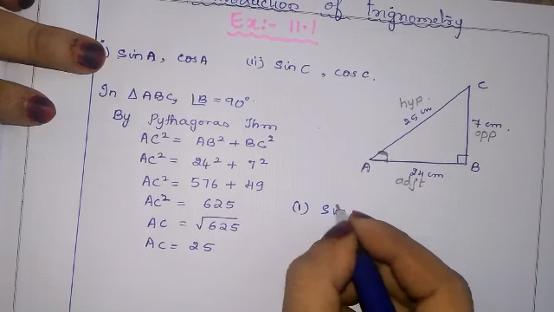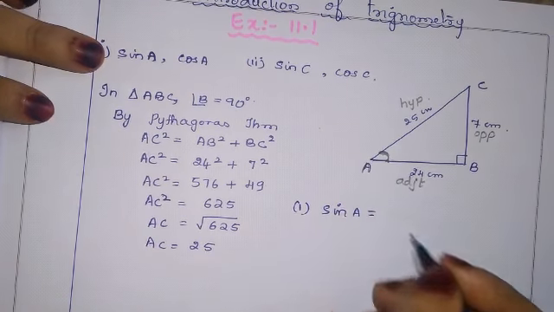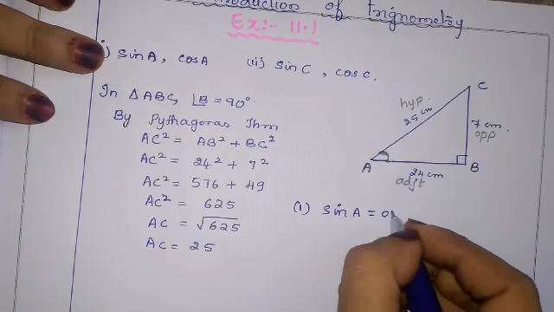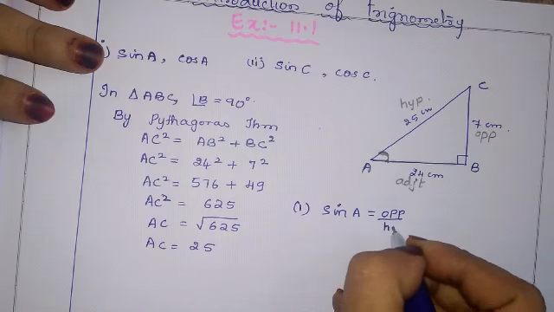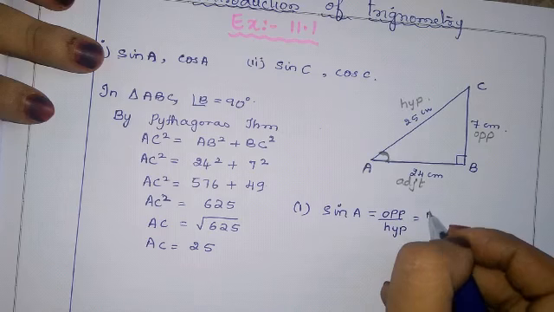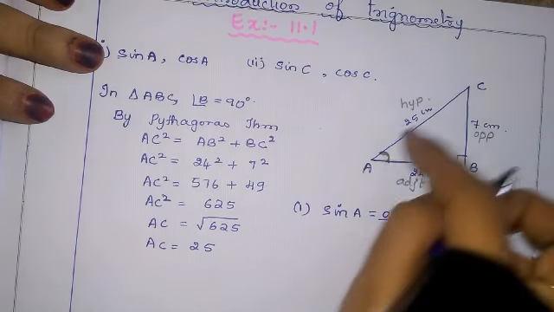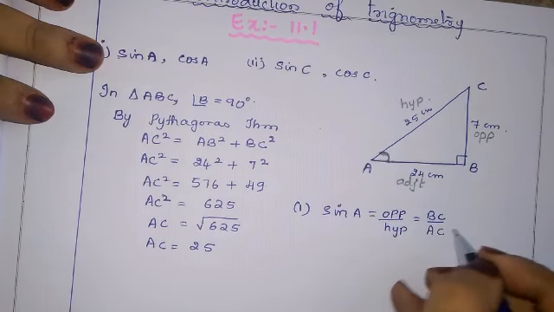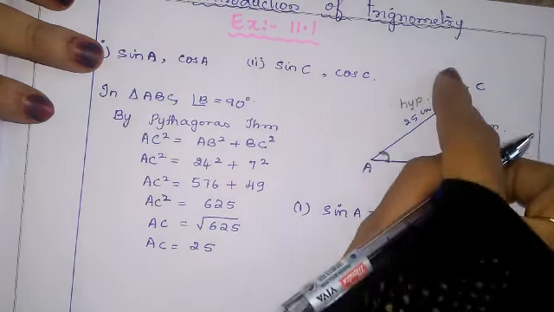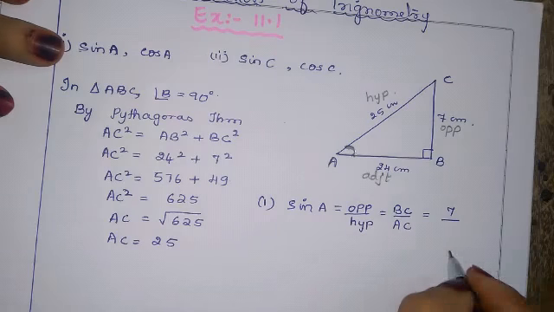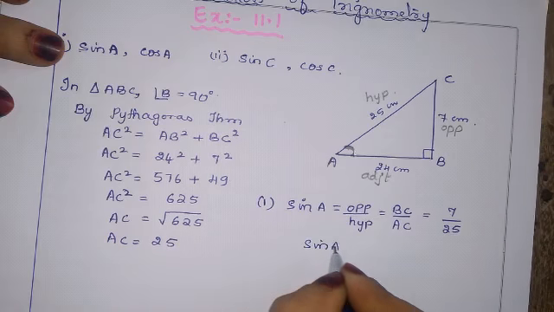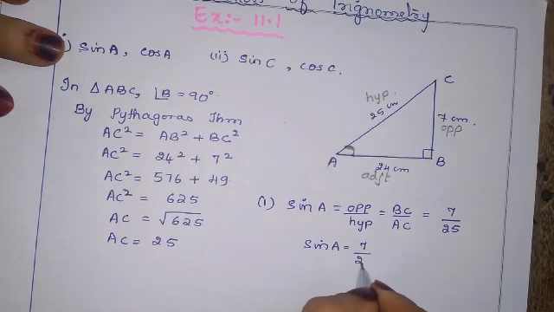Sin A. Sin, as I told in my previous video, is opposite upon hypotenuse. Here opposite is BC and hypotenuse is AC. BC is 7 and AC is 25 centimeter. So sin A is 7 by 25.